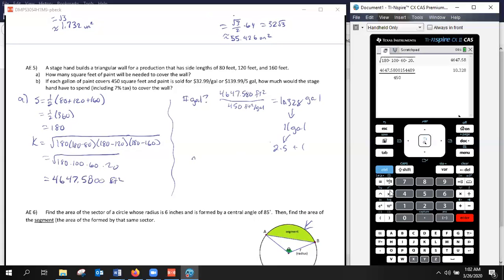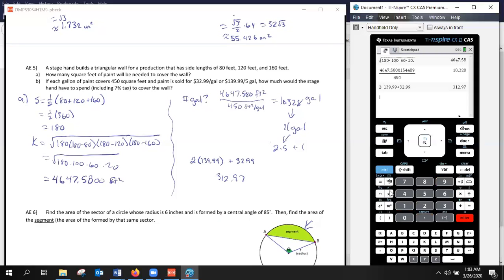So if we take 2 times 139.99 and we add it to the 32.99, let's throw that into the calculator. 2 times 139.99 plus 32.99 gives us 312.97, so $312.97.